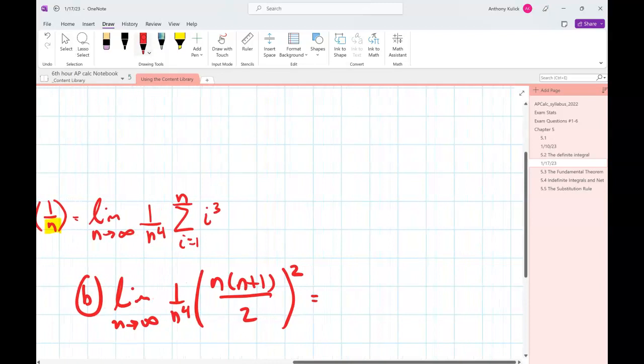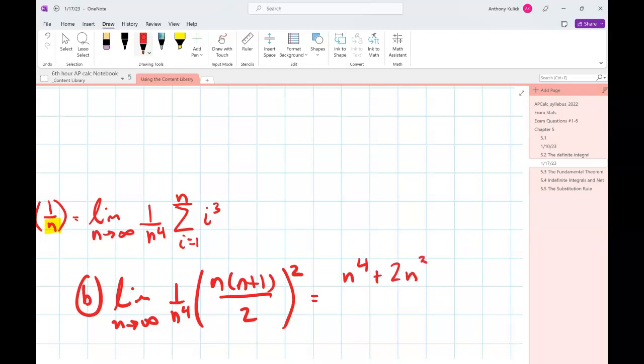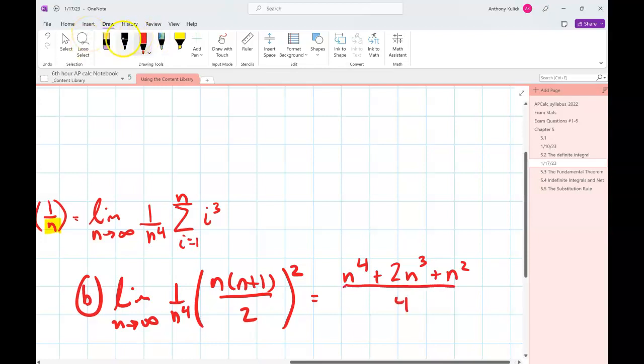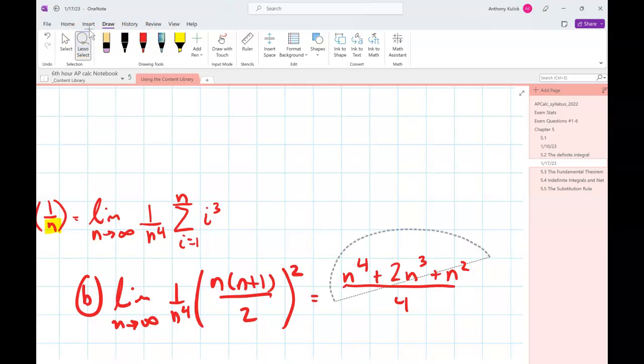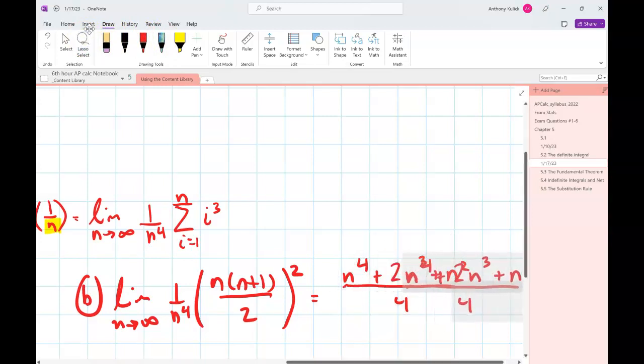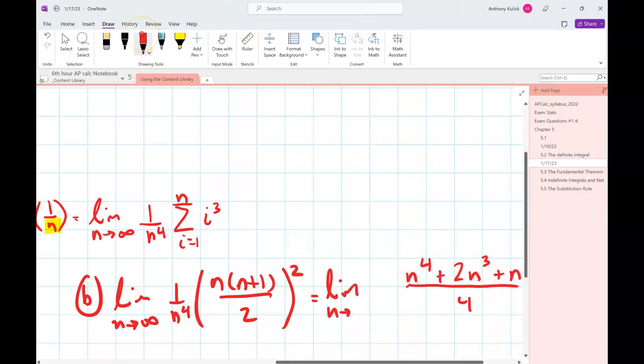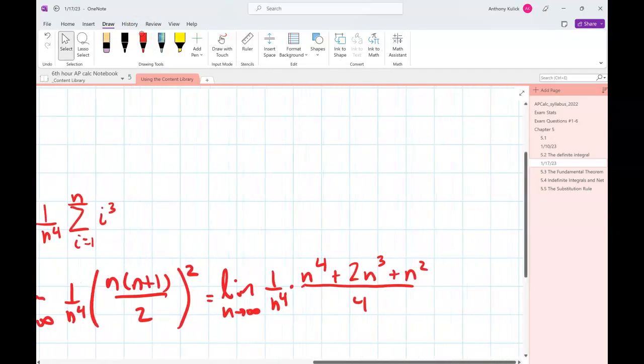So if I FOILed this out, what do I have? I have n to the 4th plus 2n cubed plus n squared, all over 4, but I need to move some stuff around there because I, like a dum-dum, forgot my limit and everything. And then I still have that 1 over n to the 4th times that stuff.